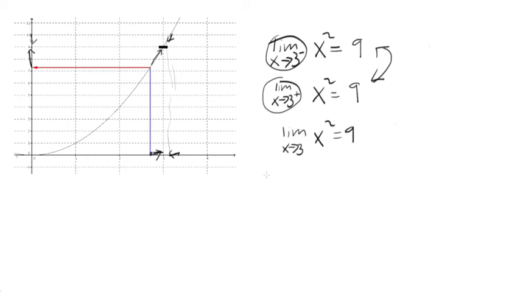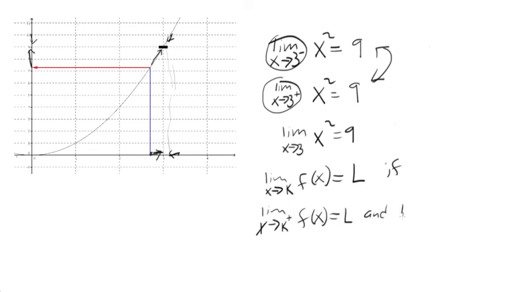So in general we'd say this: the limit as x approaches some number k, which is 3 in this case, of some function f of x, which in this case is x squared, is equal to a particular value L if the limit as x approaches k from the right of f of x equals L, and the limit as x approaches k from the left of f of x is equal to L. So as long as I come at k from both sides and approach the same number, then the limit does indeed exist.